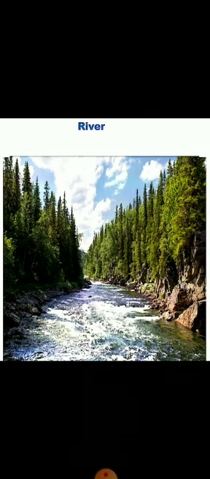Now we'll talk about rivers, the next landform of the earth. A river is a natural channel, usually of fresh water, that flows towards an ocean, a lake, a sea, or another river. A river usually starts high up in the mountains.